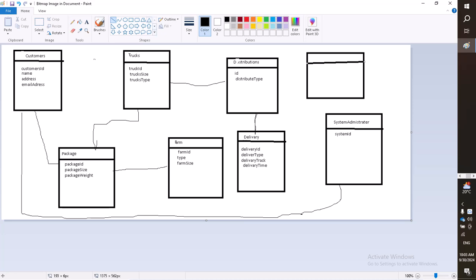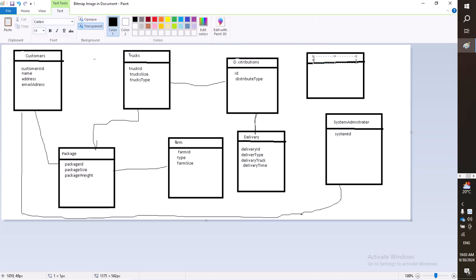Okay, we find here, we say partners. Now we look for partner ID. And also we look for their name.